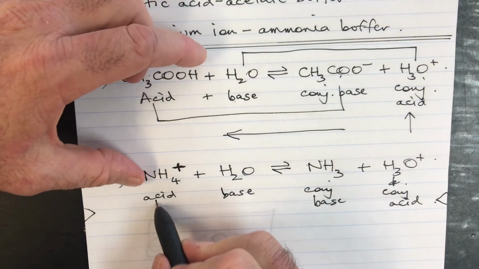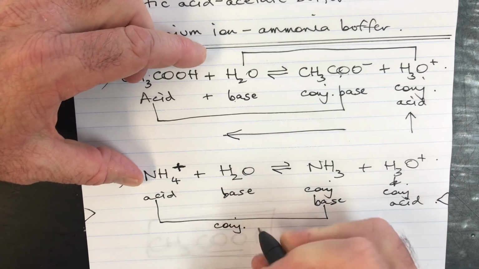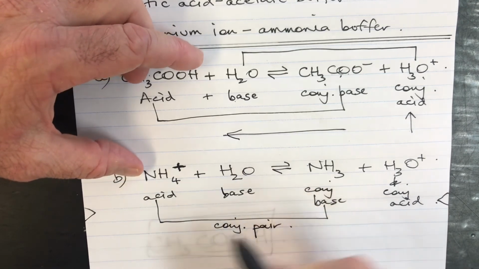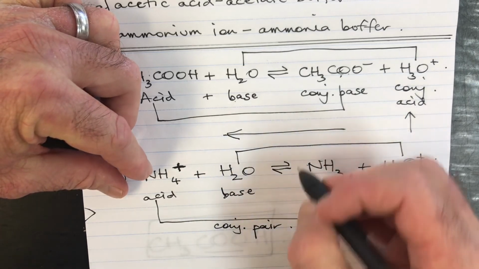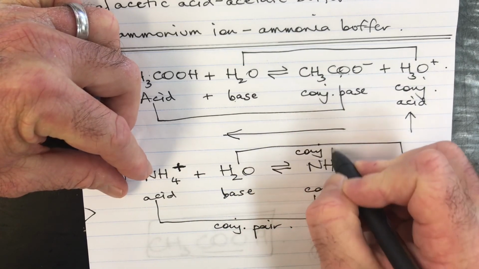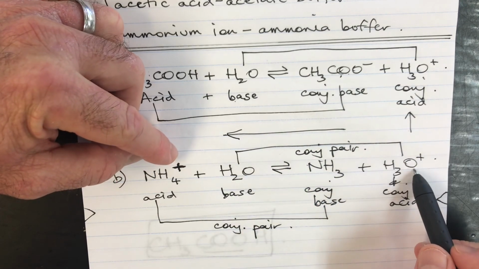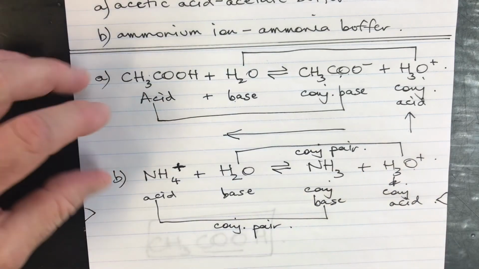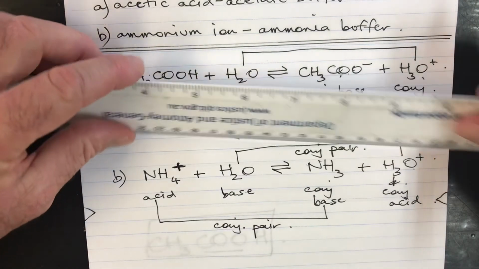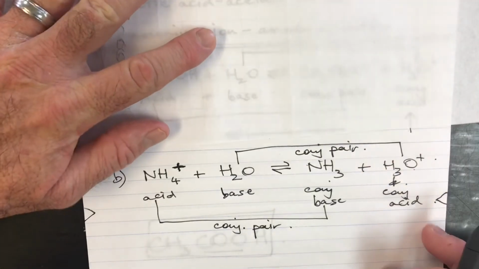So they're the conjugate pair. The ammonium ion and ammonia are a conjugate pair, and this is another conjugate pair, the water and the hydronium ion. So what happens if this system here, I'll just put something to cover it up. There we go.